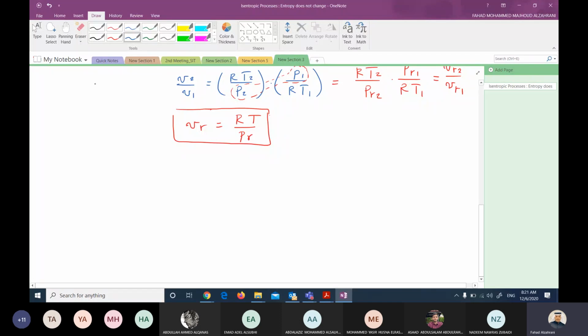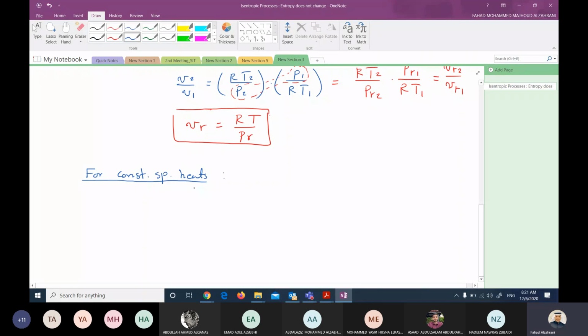Okay. For constant specific heats, basically I can rewrite my equations.